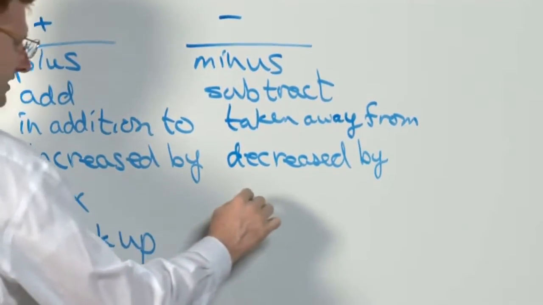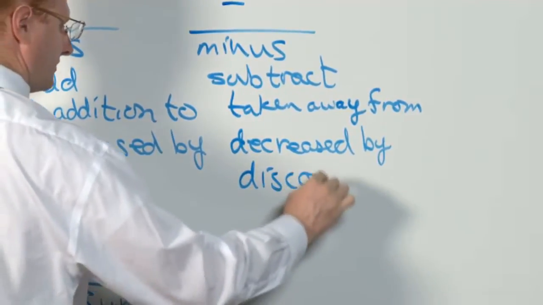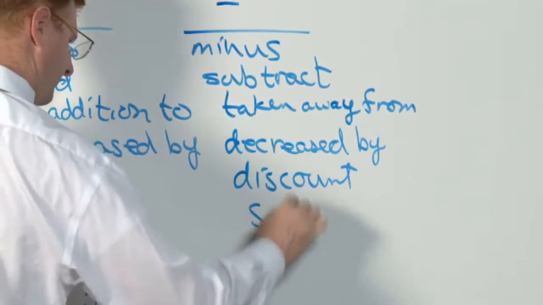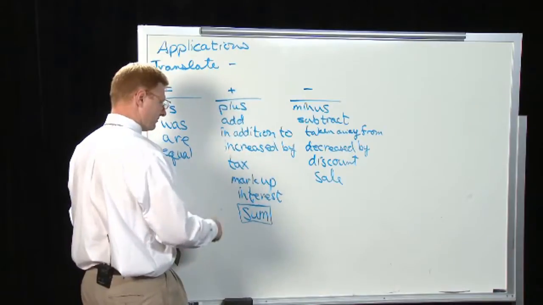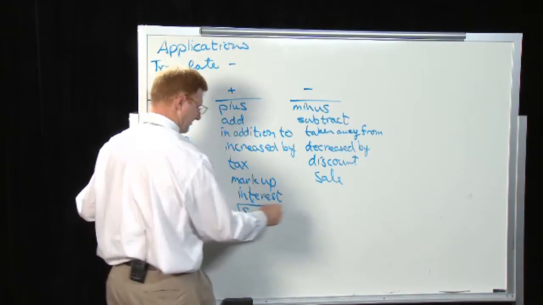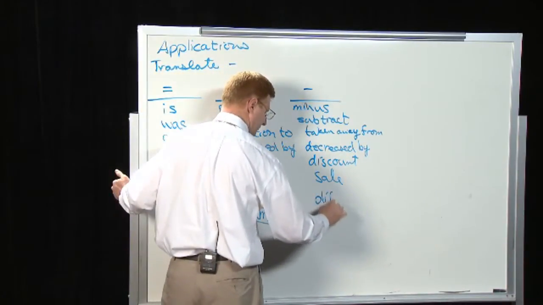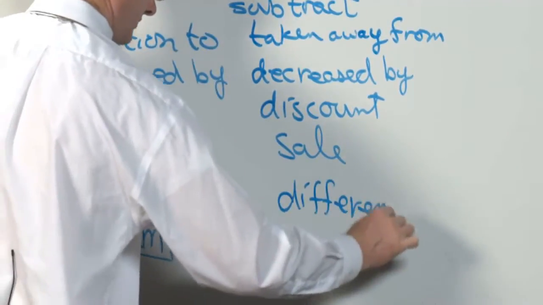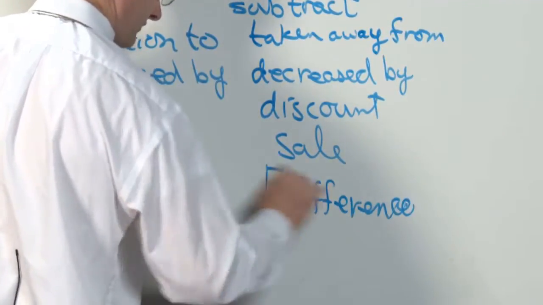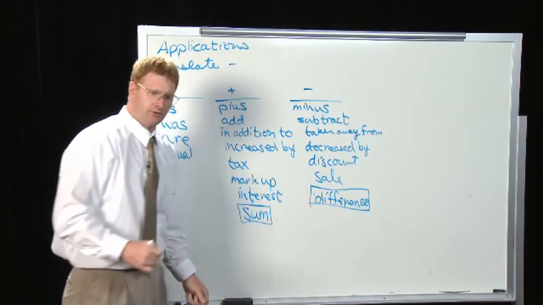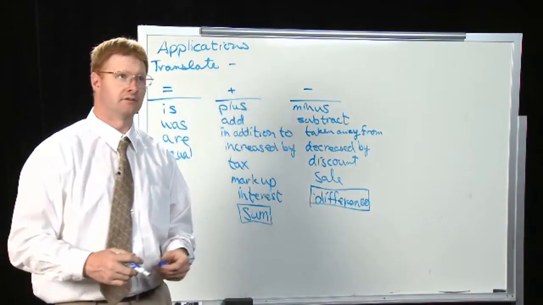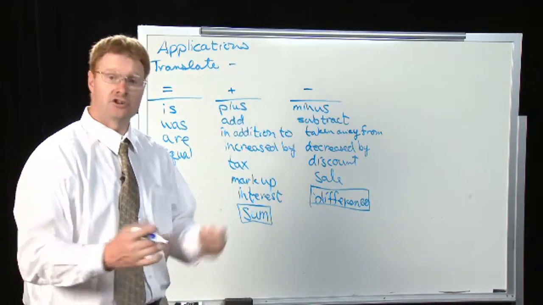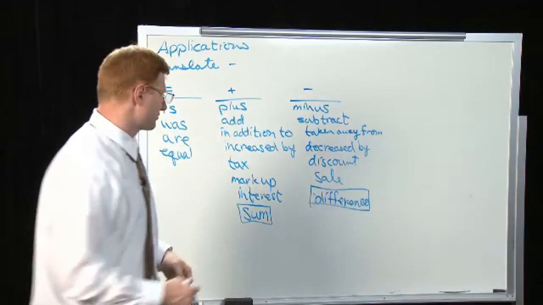Instead of a tax, you could have a discount, or a sale, or a markdown. The official math word is difference. For example, the difference between 8 and 5. You think, well, okay, that's 3. Well, how did you get that? 8 minus 5 is 3.